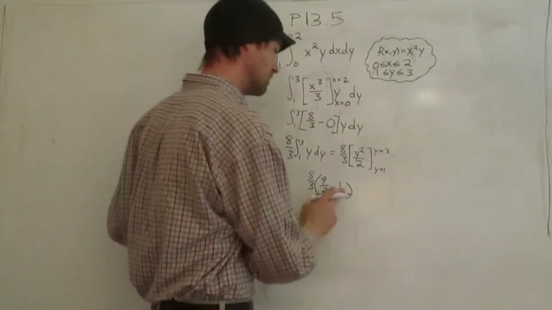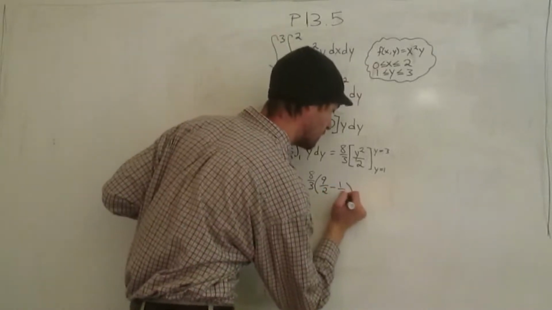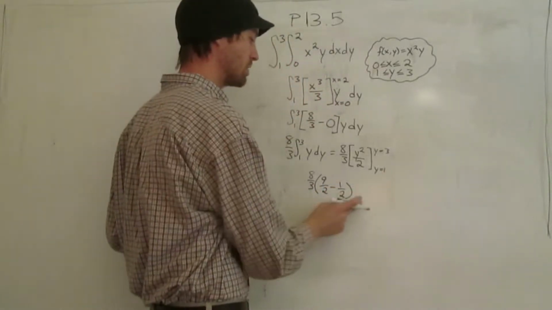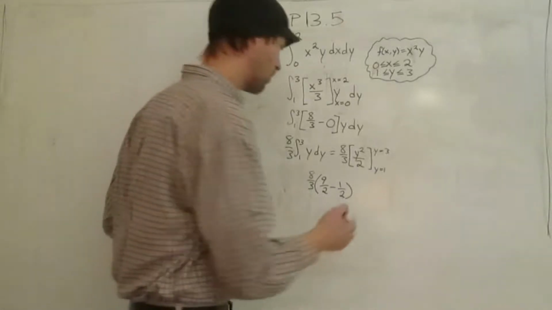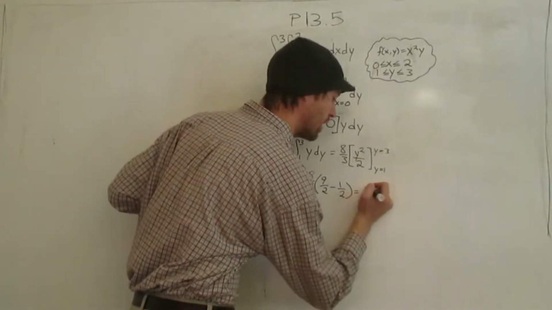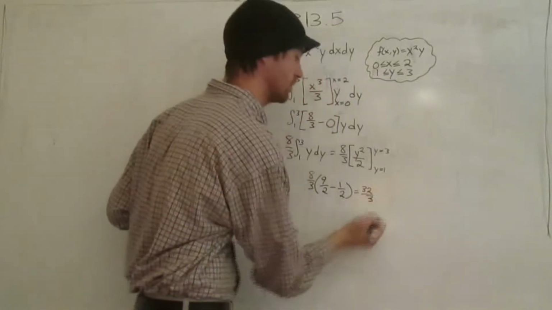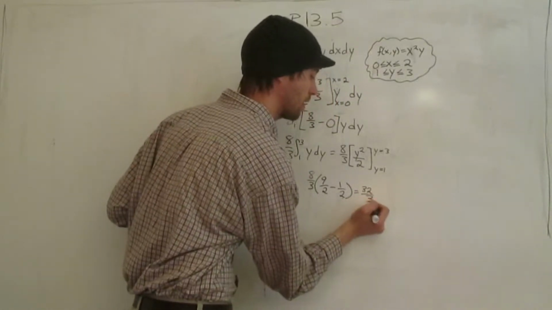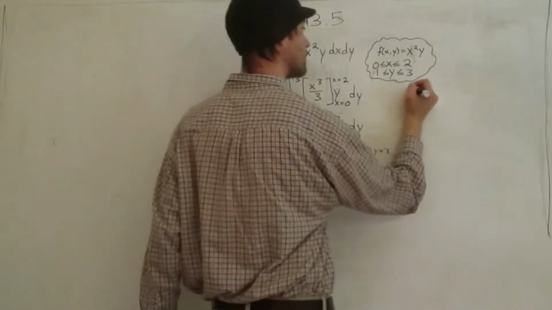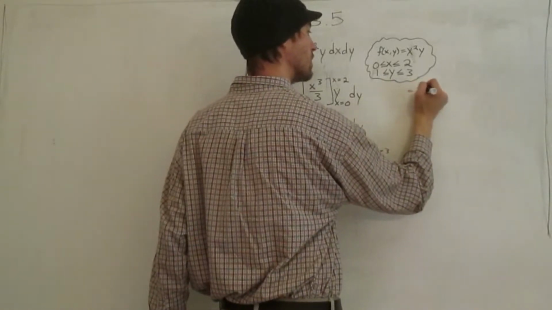So 9 halves minus 1 half is 8 halves, which is 4, and we have 32 over 3. So it equals 32 over 3.